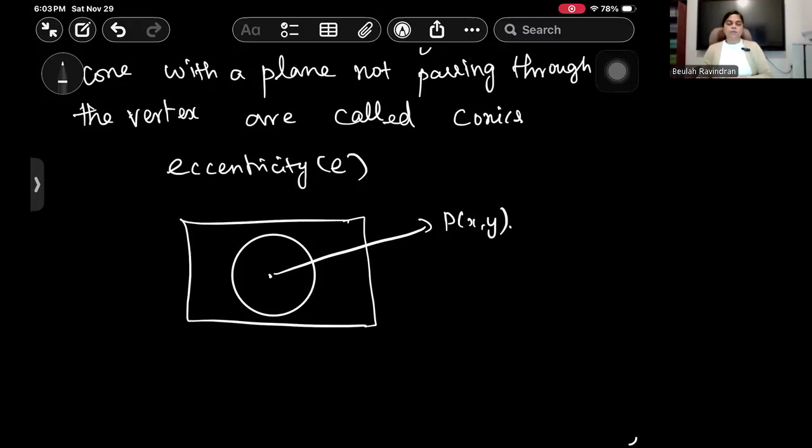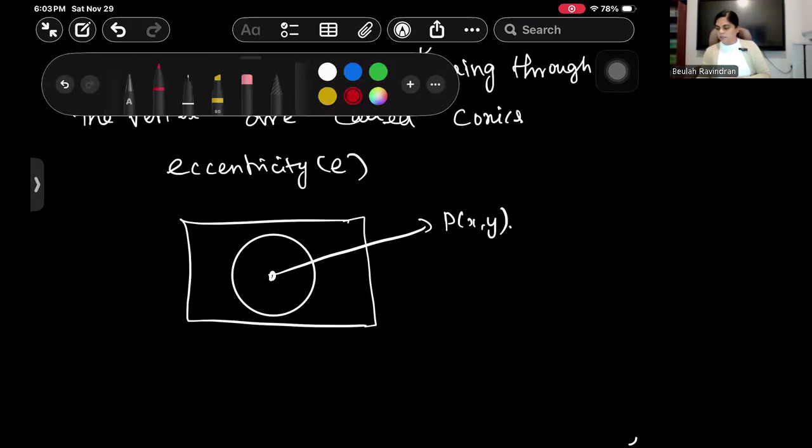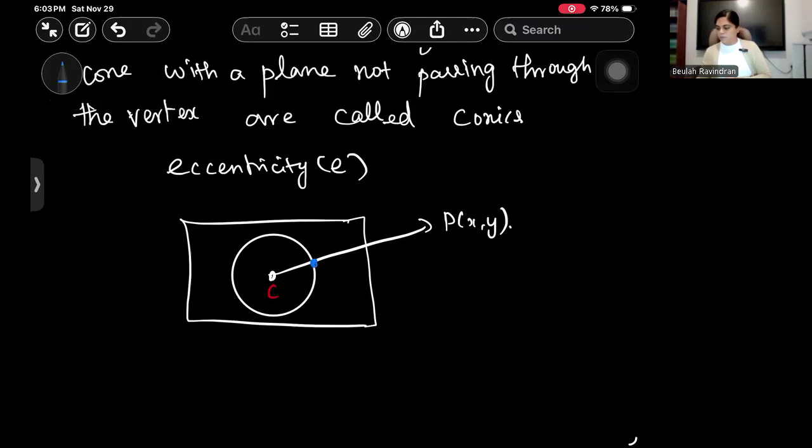This is the center, for example, and we can say the center is h comma k, as the letters are given in your book. CP is nothing but the radius, this is the radius of the circle.